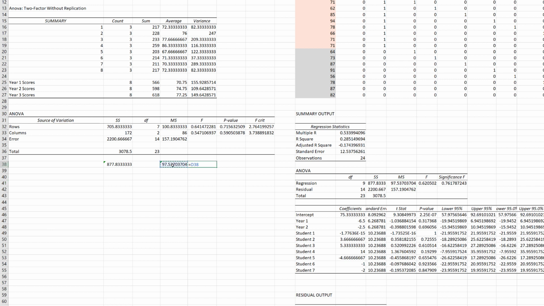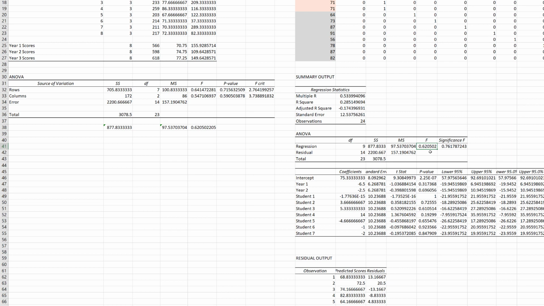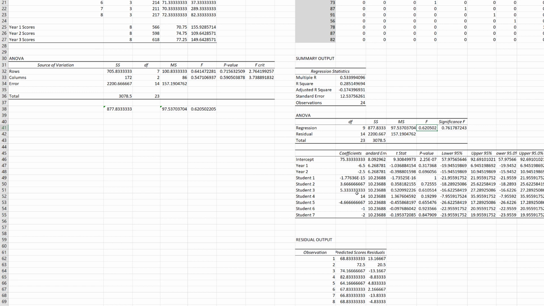So equals our 97.53 that we calculated divided by the mean square for the error, enter, and we have 0.6205, which is the same thing we have over here in regression, 0.6205. So they're related. It's all there. You just have to see where things are split apart in the ANOVA side and then where it appears in the regression side and kind of go back and forth, but it is all there. Now look at the residuals here.